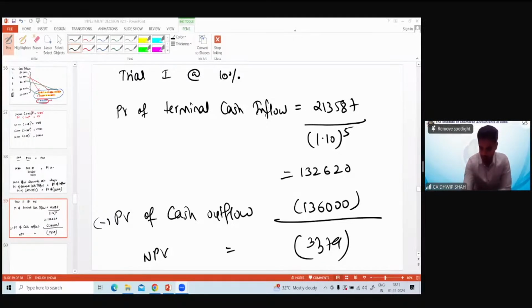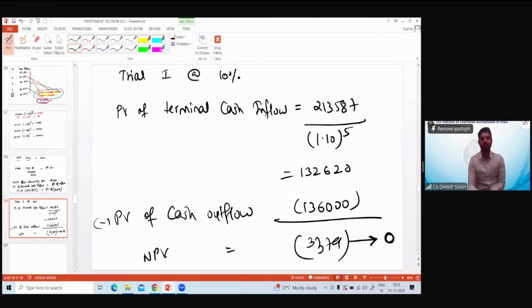3380 negative, correct. So can I say this cannot be my MIRR because NPV is coming negative. I want NPV to be 0. So to bring this up from negative 3379 to 0, I need to decrease my discounting rate, because the lower the discounting rate, NPV will increase, and the higher the discounting rate, NPV will fall.